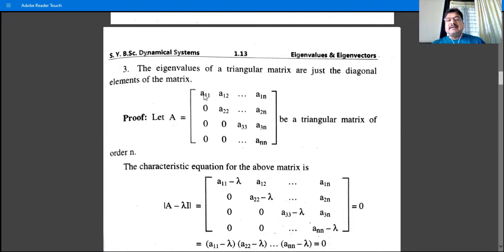We say the matrix is upper triangular if all the elements below the diagonal are 0. For example, this is the diagonal and all the elements below the diagonal of the matrix are 0. So this is the upper triangular matrix. And if all the elements above the diagonal are 0, then the matrix is called a lower triangular matrix.